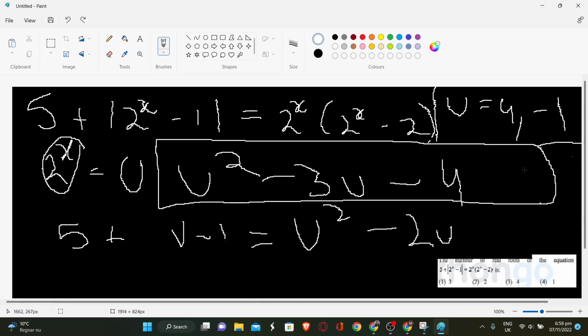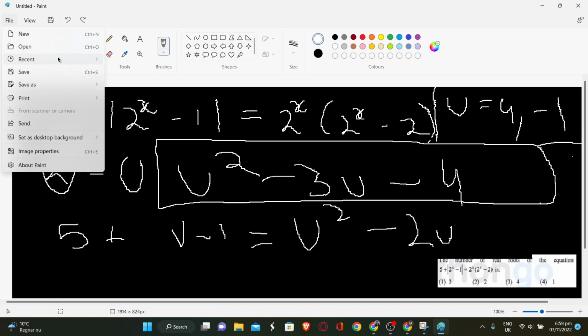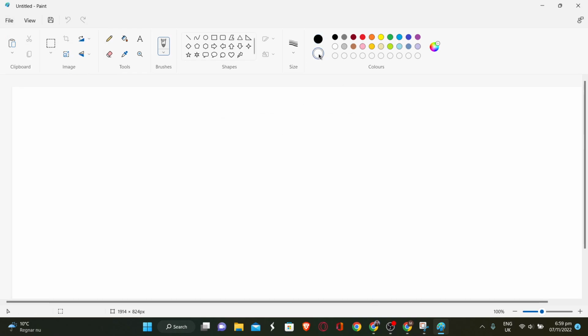So now we have q is equal to 4 and minus 1, and I'm gonna open a new one actually. Don't save this one.